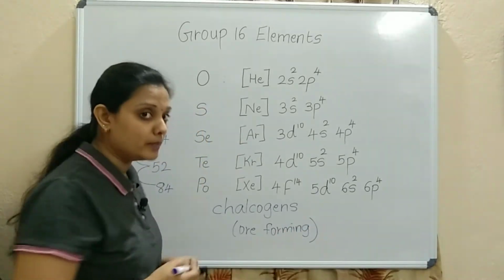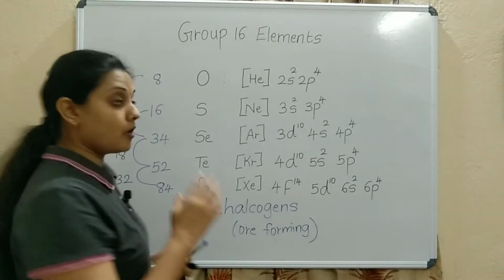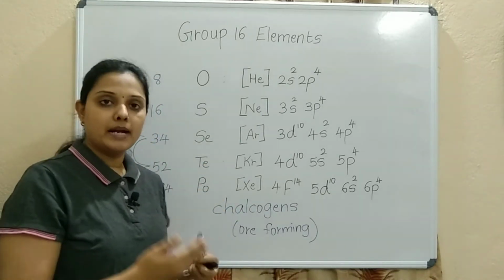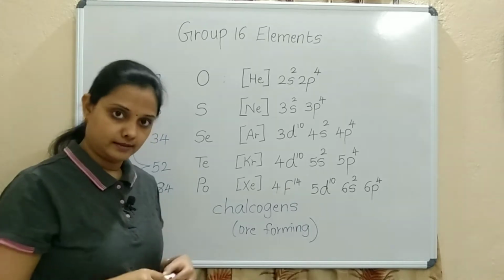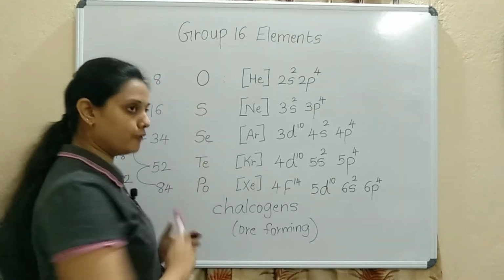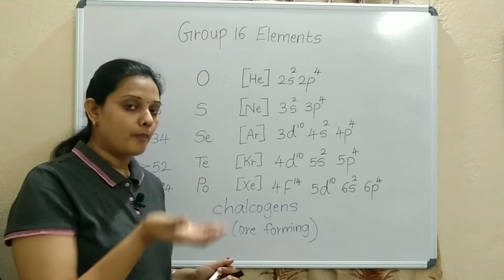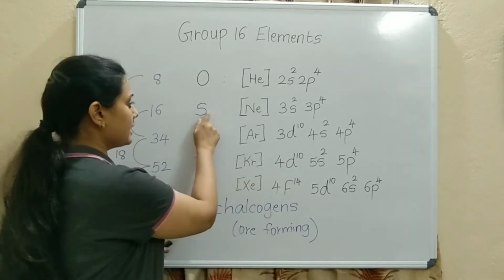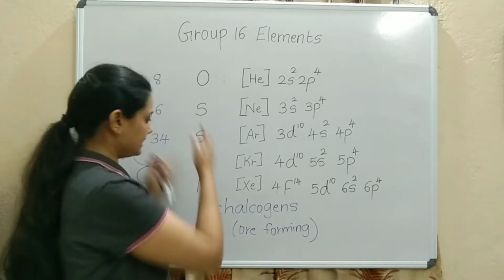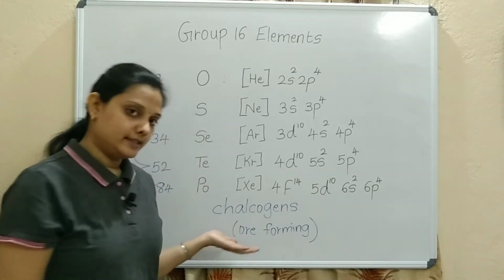Now how are they forming the ores? If we see copper ore, copper will be in the combined state with oxygen. The ore of copper with oxygen becomes the oxide form. The ore of copper with sulfur becomes the sulfide form. Got it? So these elements can be called chalcogens.